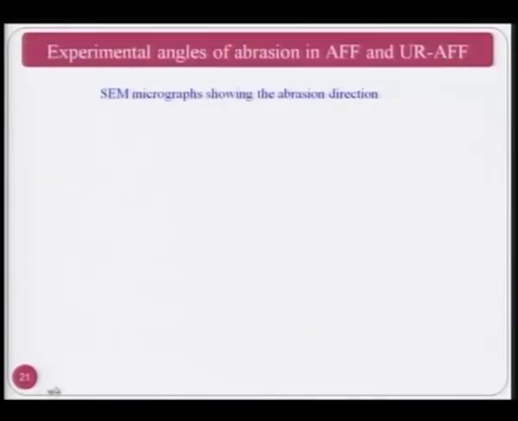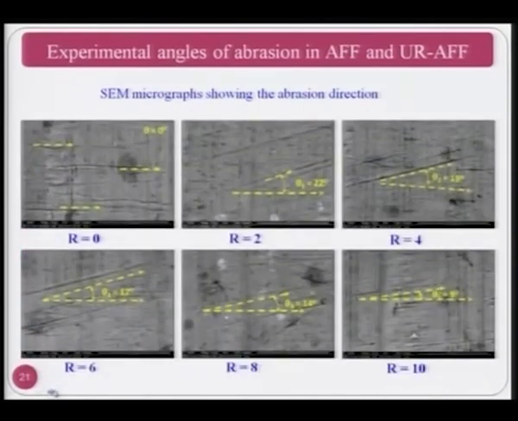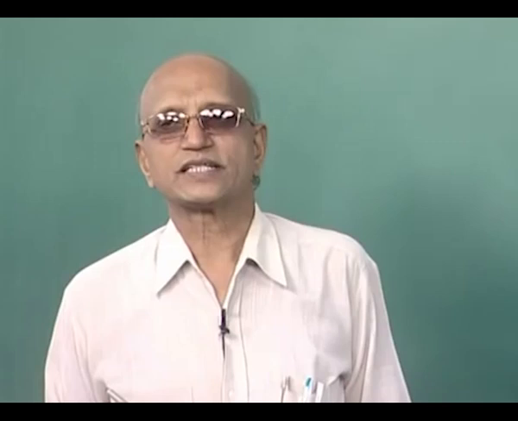Experimental angles of abrasion in abrasive flow finishing and universal rotary abrasive flow finishing: as a scanning electron microscope micrograph showing the abrasion direction, we have tried to take some pictorial views of the finished surface just to find out what is the angle at which abrasive is removing the material from the workpiece in case of abrasive flow finishing process and rotary abrasive flow finishing process.